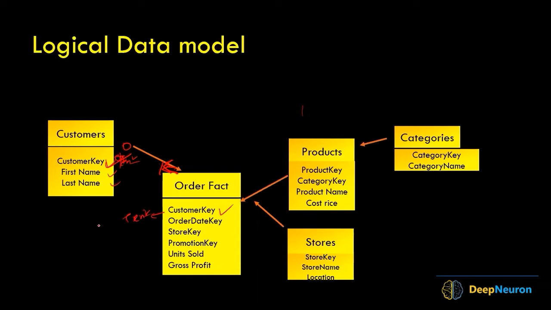So customer key is text, and the width is something like 10. Date key is a date column with a date data type, and store key is also text, and the width is at least 12 or 15 we specify. In general, as part of the physical data model, we specify the data type and the corresponding width for each column.